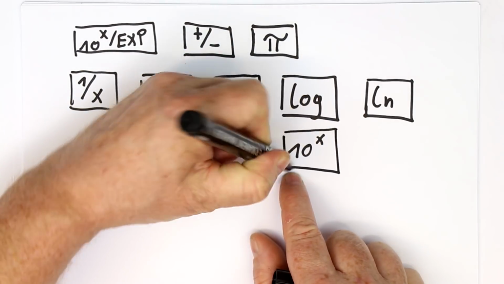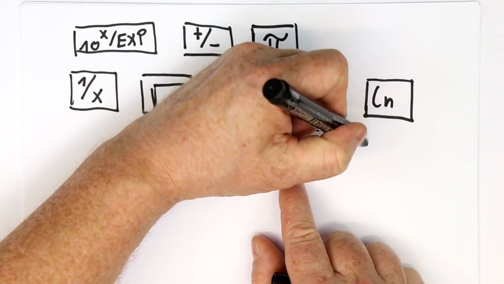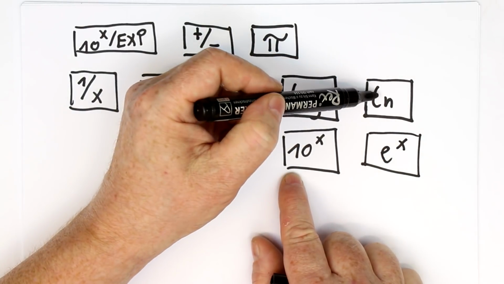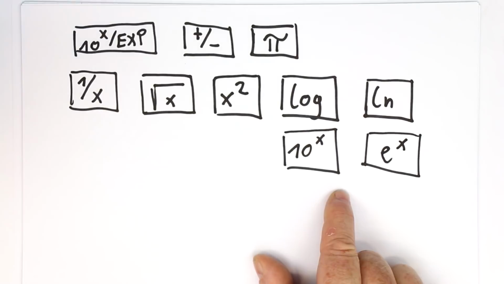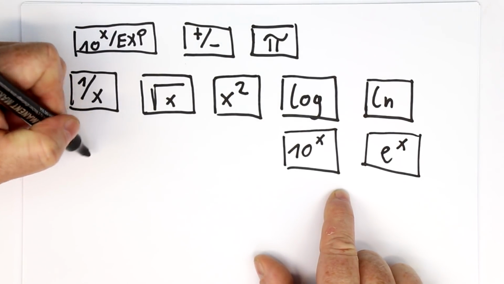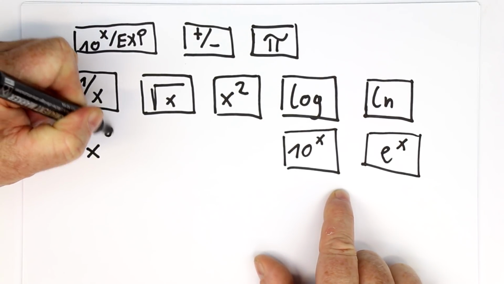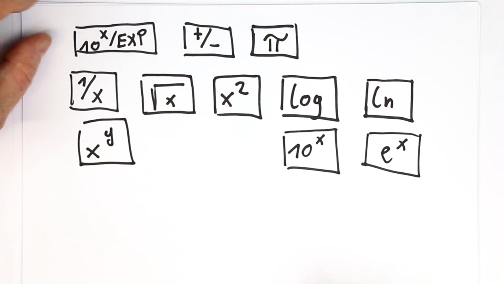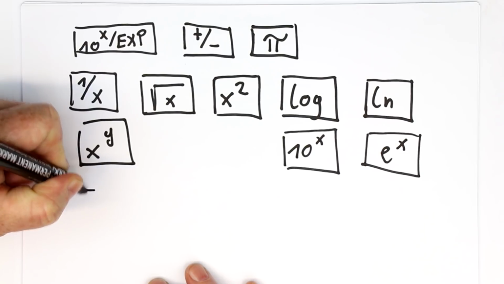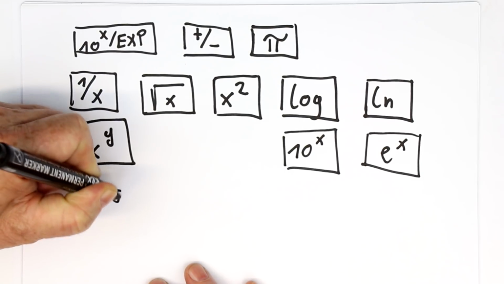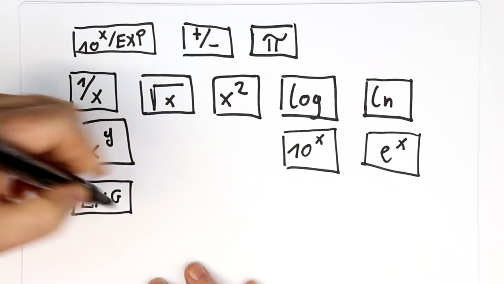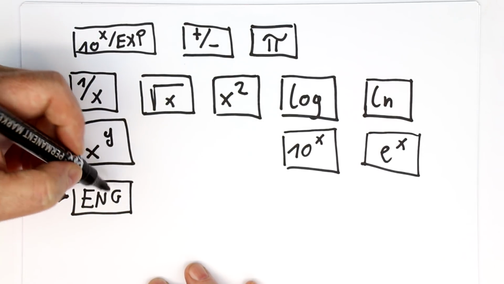It's the inverse of the logarithm and the inverse function to the natural logarithm. So what else could we have on the direct keys? Of course, x raised to the y power. That's it.